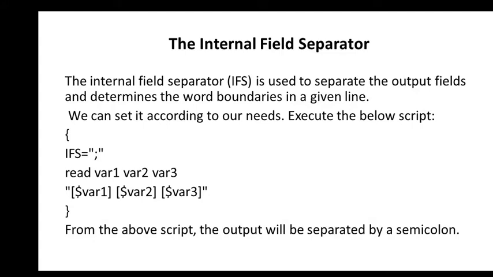Execute the below script: IFS=separator symbol, read variable1 variable2 variable3, and echo them. From the above script, the output will be separated by a semicolon. The semicolon we have given as the IFS, that is the internal field separator, so in the output it is going to be separated by the semicolon.